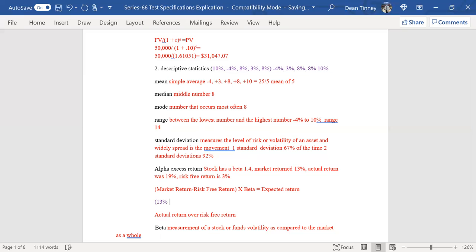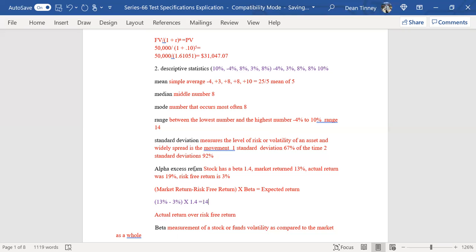Our risk-free rate of return was given information that was 3%. And then we're going to times that by the beta. And the beta here was 1.4. And so when we do 13 minus 3 times 1.4, we're expecting a 14% return.